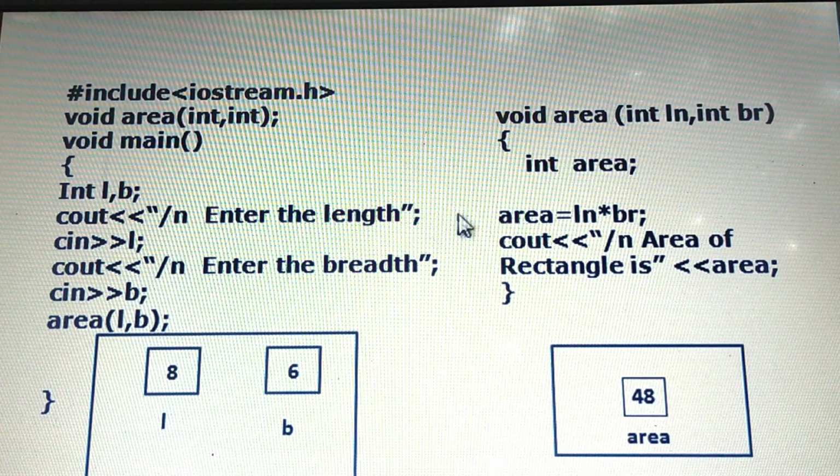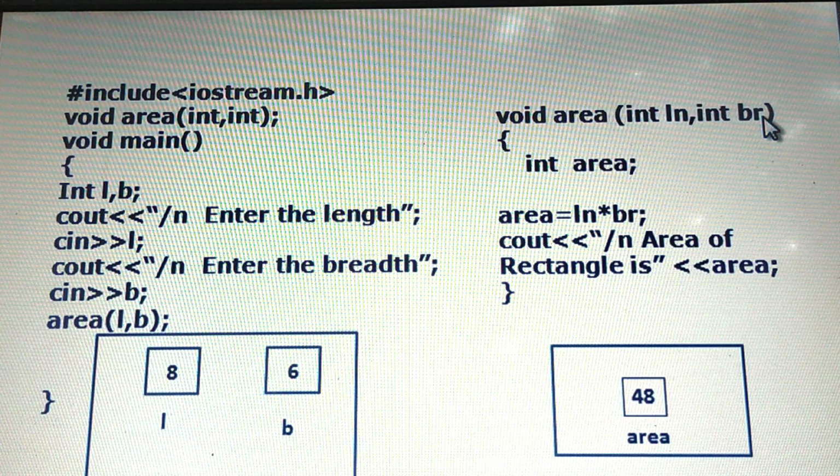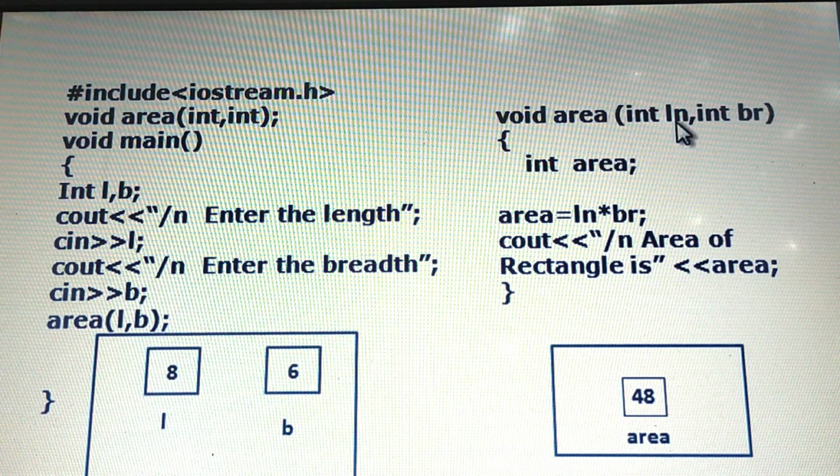Control passes to the function section with the argument values. The value of the first argument is passed to ln, and the value of the second argument is passed to br. In the definition section, the variables we have used to store the passed values are called formal parameters. In the function call, these arguments are called actual parameters.